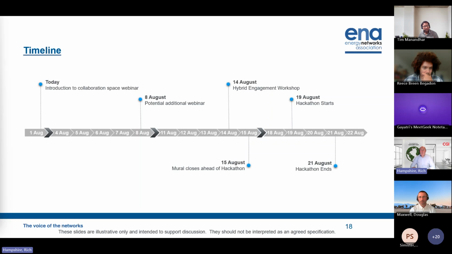Following from that, on Friday, the 15th of August, we will close the mural. That's ahead of the hackathon, as we're calling it, which we are running between the 19th and the 21st of August. The hackathon is virtual.